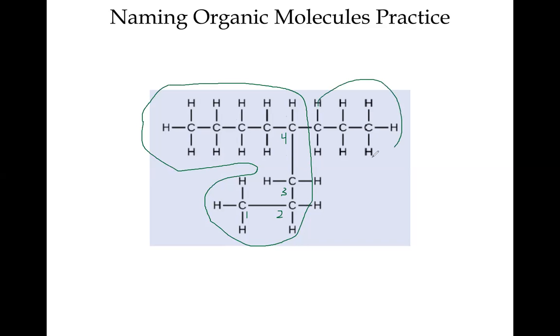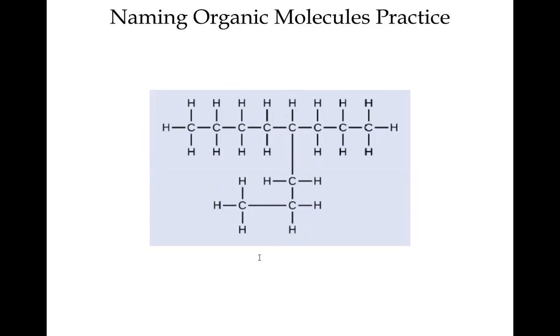And we still have a 3-carbon alkyl group, propyl. All right, so the name would be 4-propyl octane.